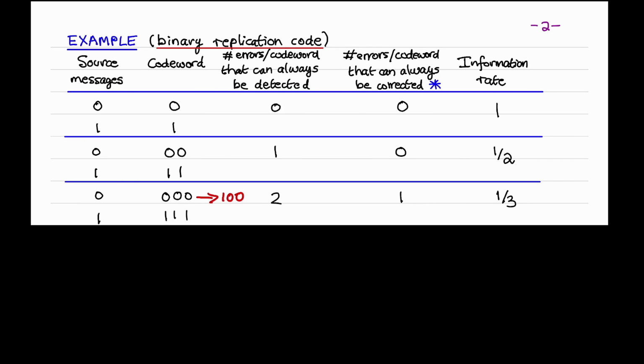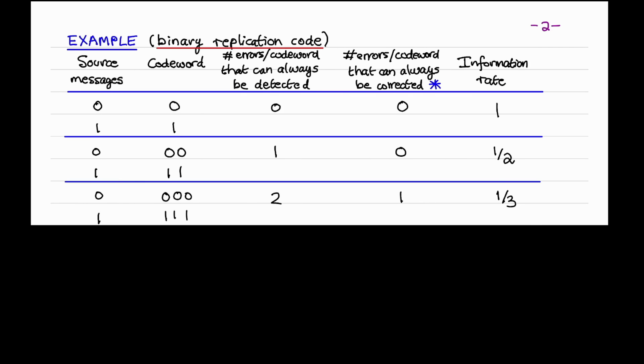And that's because 100 differs from 000 in just 1-bit position, whereas it's different from 111 in 2-bit positions. This decoding strategy is called nearest neighbor decoding, and we'll see in the next video lecture that this is a reasonable decoding strategy.